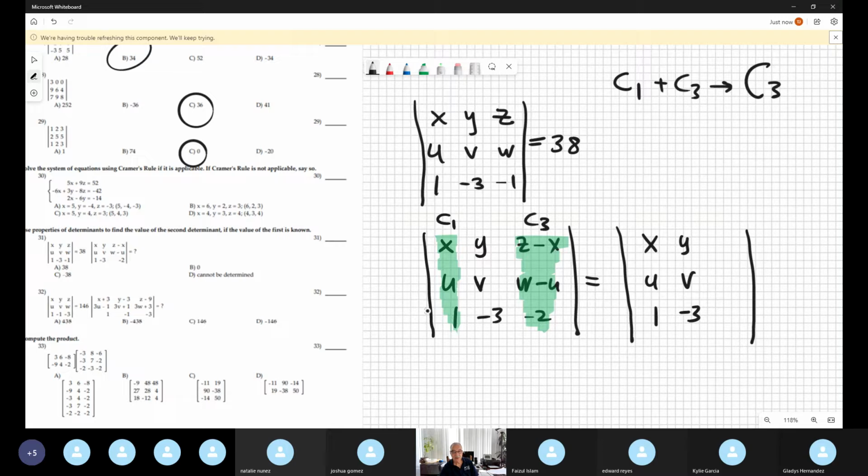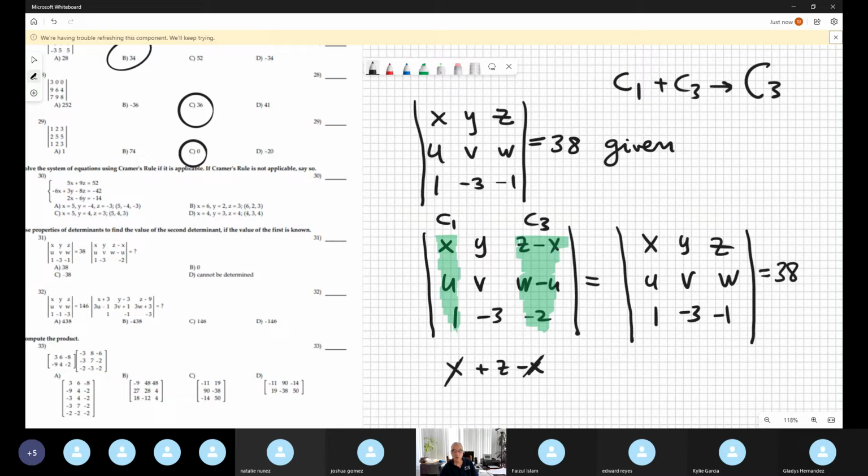So you add x plus z minus x. It's obvious that x is cancelled and it stays z. Likewise, the second is u plus w minus u is w. And the third is 1 minus 2, which is negative 1. This is the answer, 38, because this is exactly the same as the original given determinant.